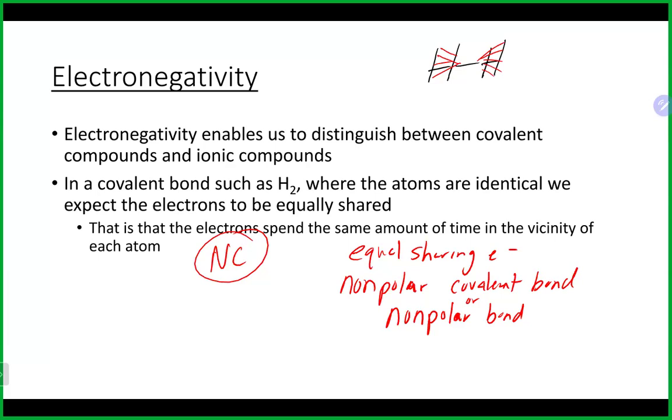Now, what would happen if I swap out one of the hydrogens for fluorine, for example? In this particular case, based on electronegativity values, which one is more electronegative? Fluorine is the most electronegative.